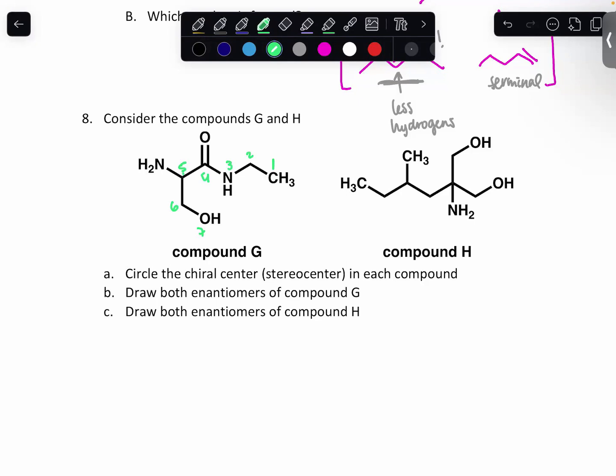Why? It's sp3. There's no double bonds and all four groups are separate.